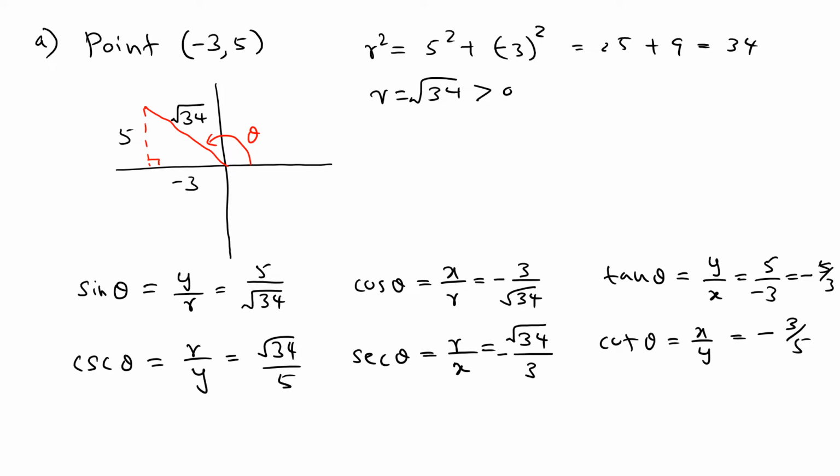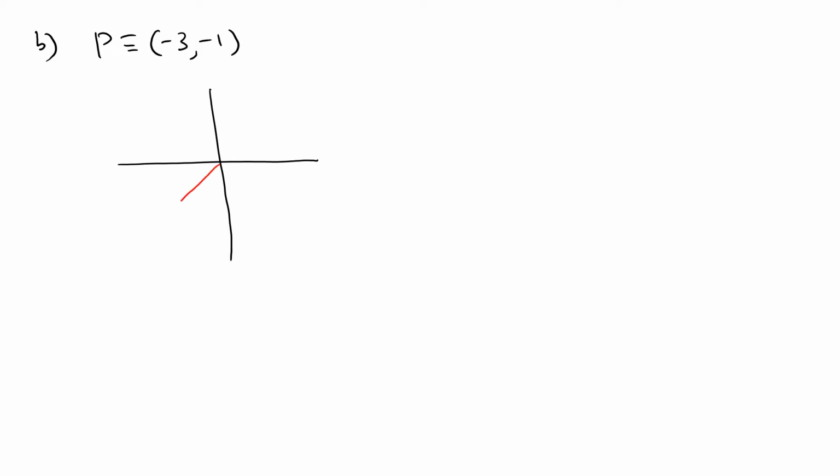So let's look at the second part. Part B. We have the point P equal to (-3, -1). You can see that this is in the third quadrant because both coordinates are negative. Again, as before, we drop the perpendicular.